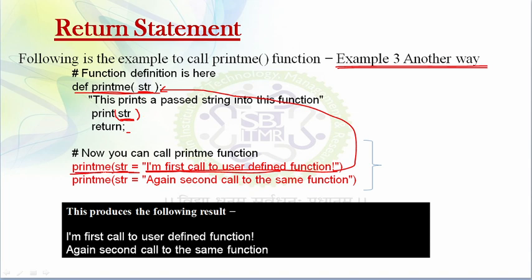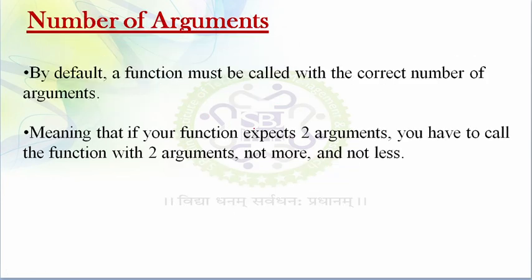Rather than passing the string directly, you can do the assignment to the parameter, and after the assignment you can pass that value to the calling function. Okay, so it is giving exactly the same output. The only difference is, in the previous example we directly passed the string, and here we have assigned it to the parameter, and after assigning it we are calling the function.